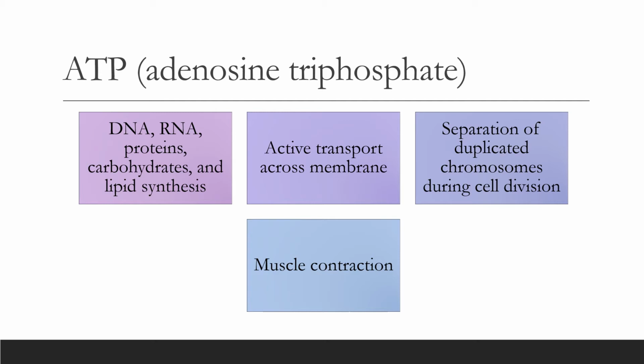This constant need for ATP explains the need for a steady food supply. All organisms, from trees to whales to bacteria, use the potential energy stored in food to make ATP.